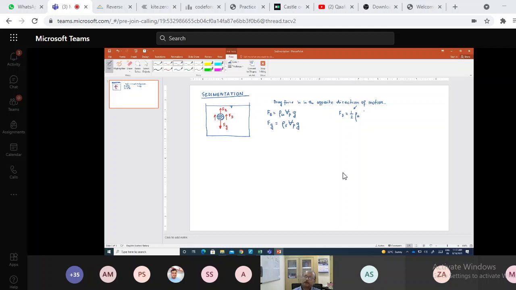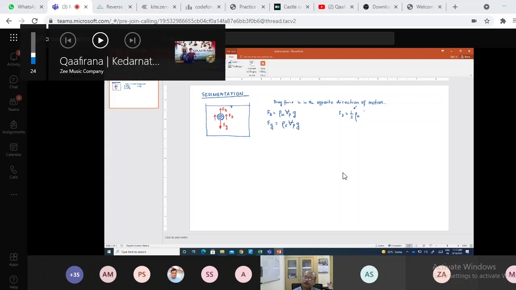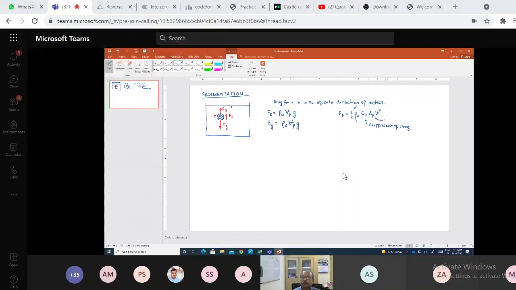So this is the coefficient of drag, or drag coefficient, and this is the projected area of the particle. Here we are considering a circular particle, and V is the velocity.